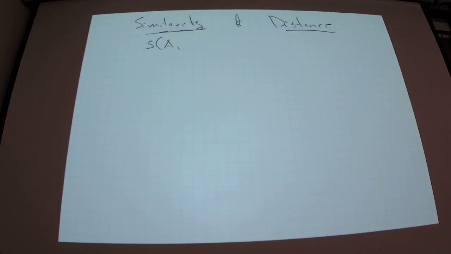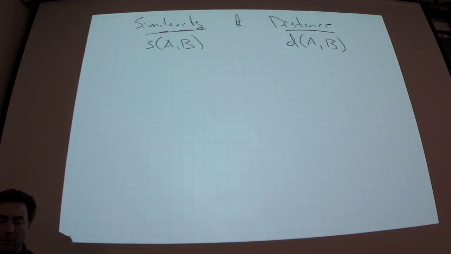Just so it's clear what's going on, often I'll write a similarity between two objects as S of A and B, and a distance as D of A and B. If the similarity is small, then A and B are far away from each other in concept.